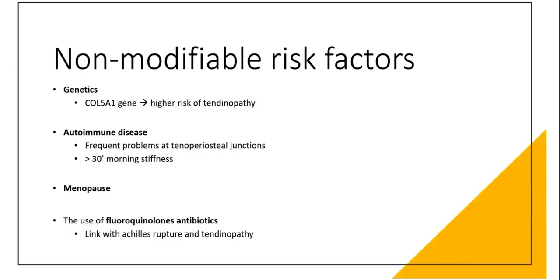Those people frequently describe intermittent problems at the tenoperiosteal junctions. You see that a lot in the shoulder. You see that also in the Achilles and the elbow. And they also describe more than 30 minutes of morning stiffness. After the menopause, or using certain kinds of antibiotics, could also be a risk factor for certain tendinous problems.